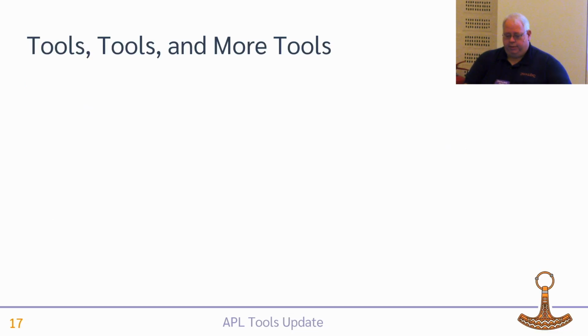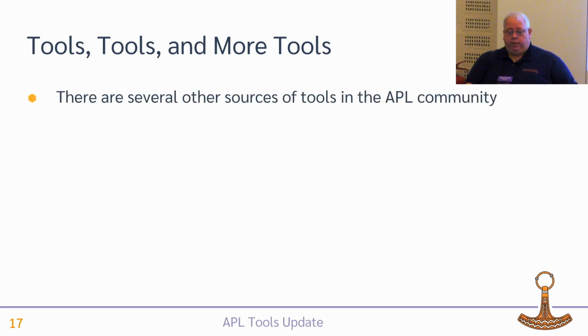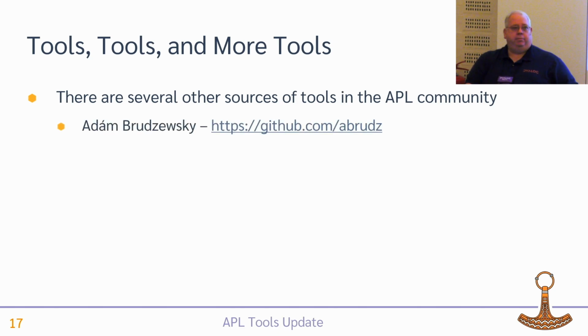And since I'm running out of time, I just want to mention that there are several other sources of good quality APL tools. Adam has got a number of repositories on his GitHub account that has got some absolutely fantastic stuff. Kai Yeager, who spoke yesterday, has got dozens of high quality tools.